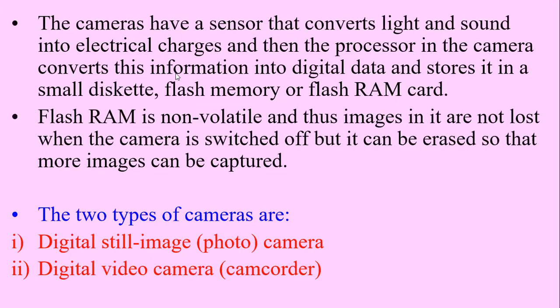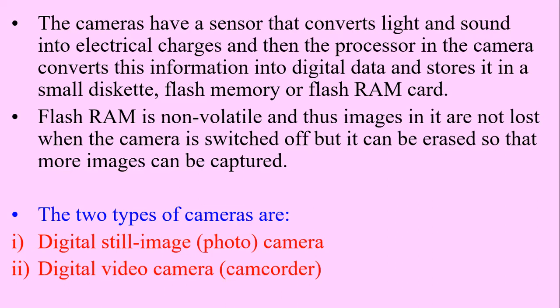The digital cameras have a sensor that converts light and sound into electrical changes, and then the processor in the camera converts this information into digital data and stores it in a small diskette, flash memory, or flash RAM card.